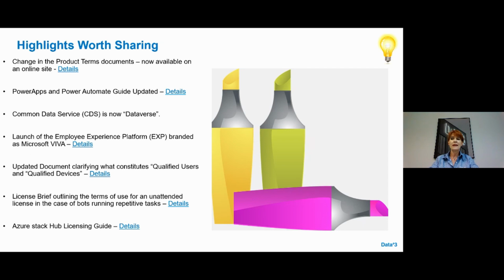And the vision around this platform is to bring communications, knowledge, learning, resources, and insights into an integrated experience for individual users and their teams. If you go through the link, there's details as to what that entails. We've seen the EXP price is about $5 per user per month. So there's quite a lot of information if you walk through that link on that blog.